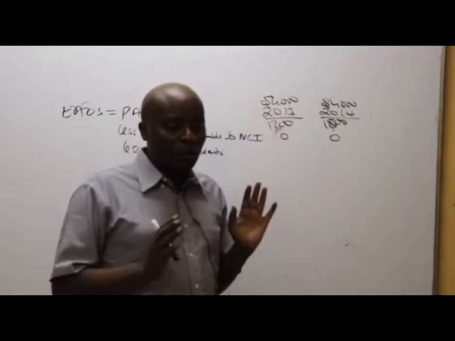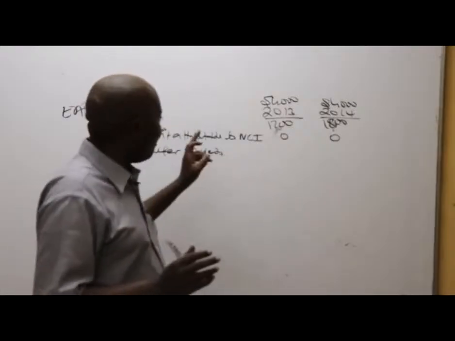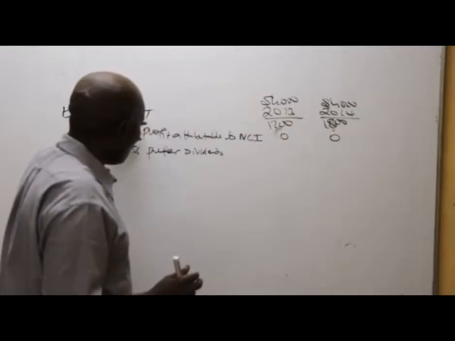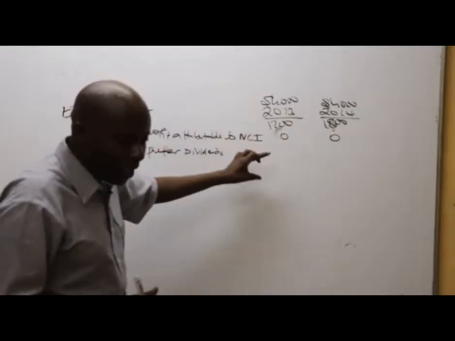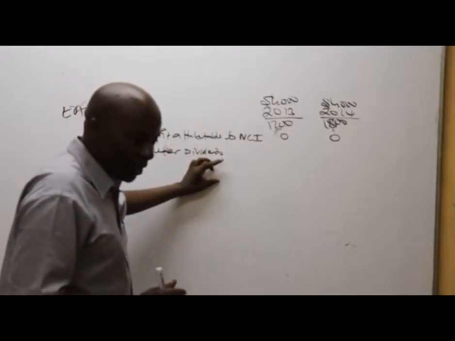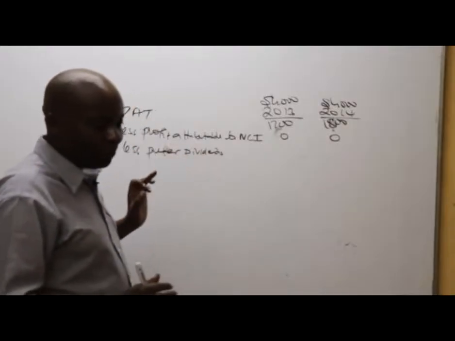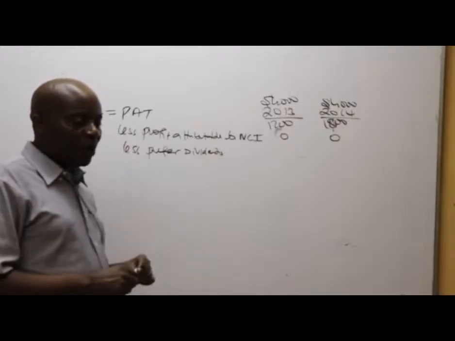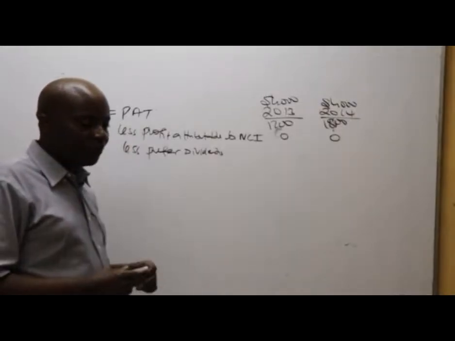Leave that outside. So long as we pick the reportable profit, less profit attributable to NCI, and then less preference dividends. Are we together up to there?